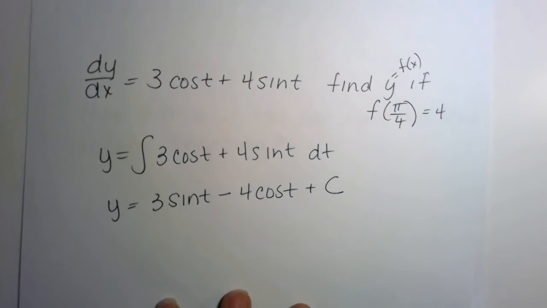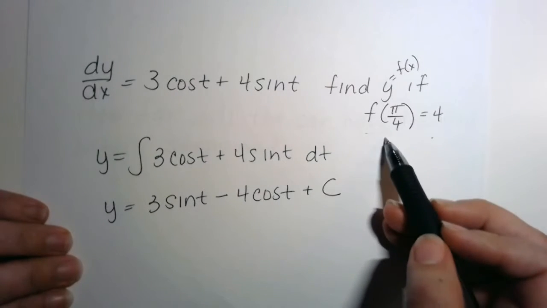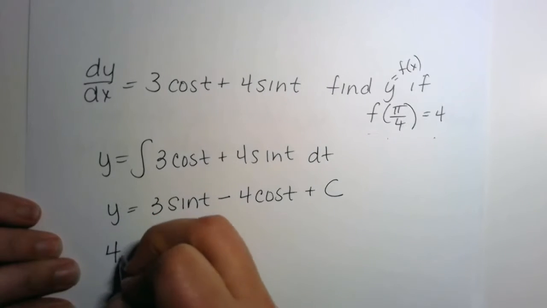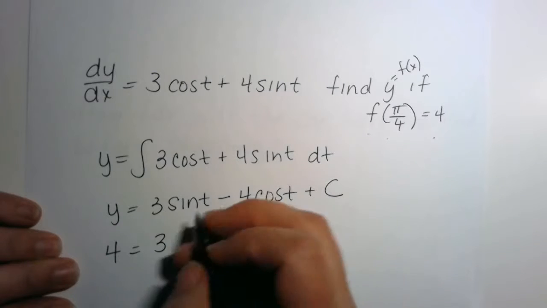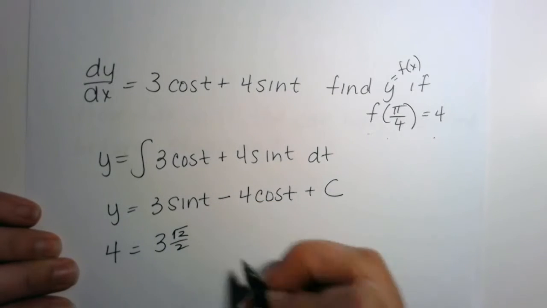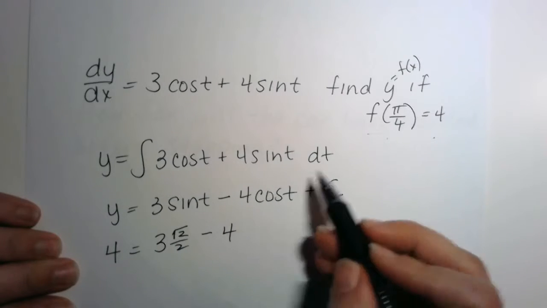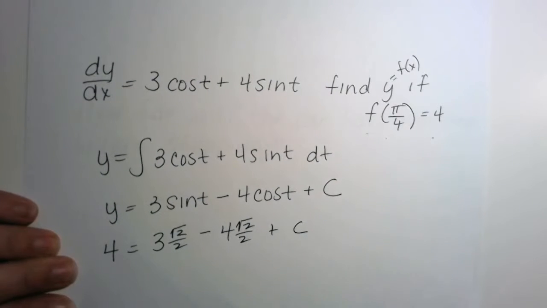So now I want to get rid of my c because I have this initial condition here. So I'm going to plug in pi over 4 and plug in 4 for my y. So 4 is equal to 3 times the sine of pi over 4, which is the square root of 2 over 2, and then minus 4 times the cosine of pi over 4, which is also the square root of 2 over 2, plus c.